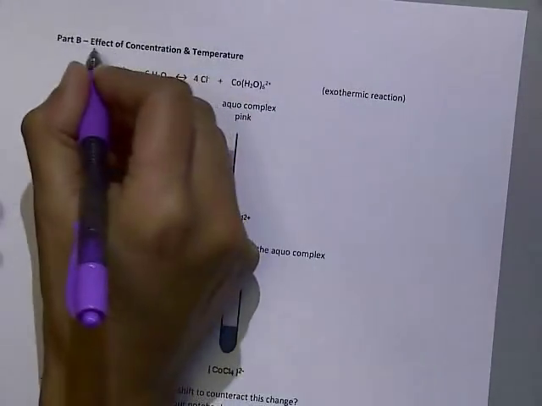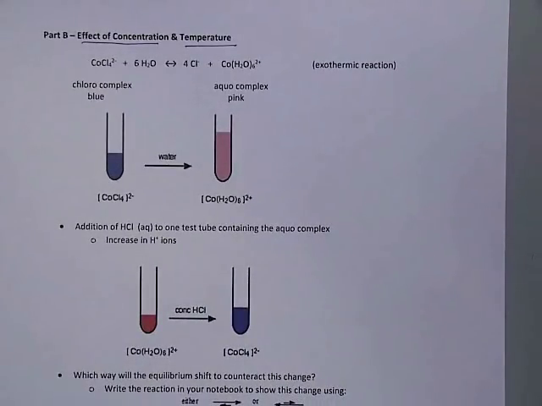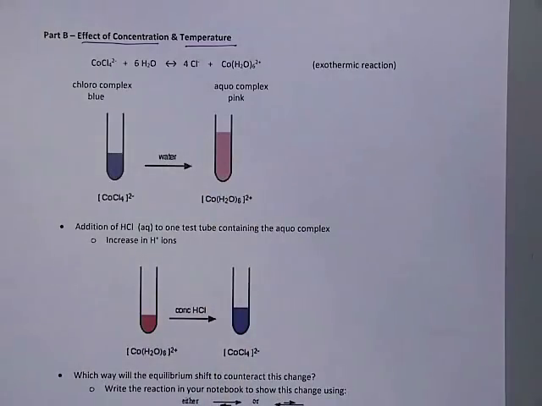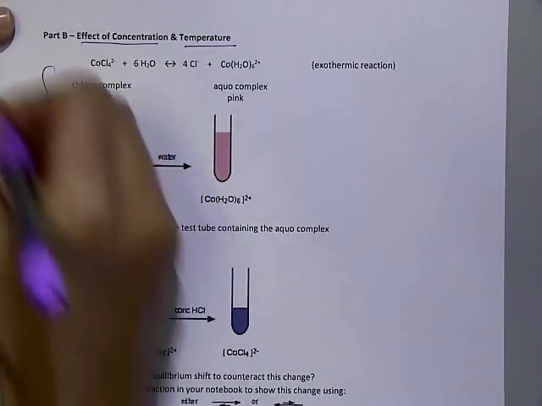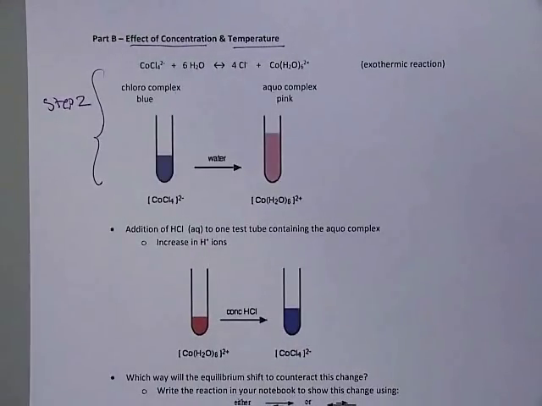In part B, we're looking at the effect of also concentration and temperature. So in part B, we have a chloro complex and an aqua-chloro complex. One's blue in color, one's pink in color. So here really this is relating to step 2. If you can print this in color, bring it to lab, that'd be great.